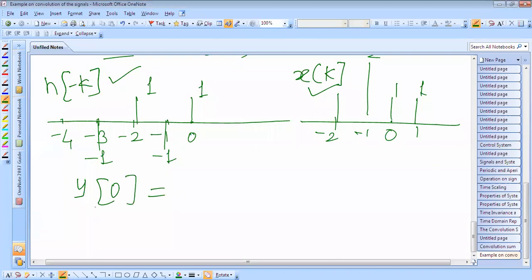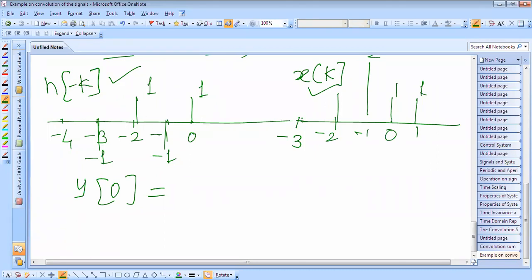Okay, so y of 0 is equal to, now see, at -3 it is -1, but at -3 there is no input, so there is no signal at -3. So -1 into 0, it is again 0.